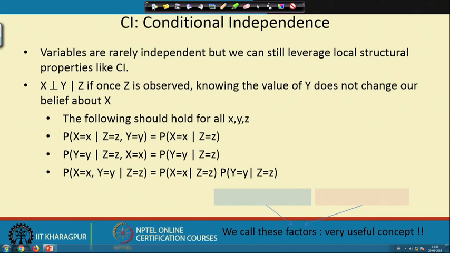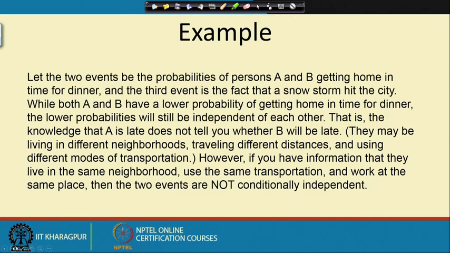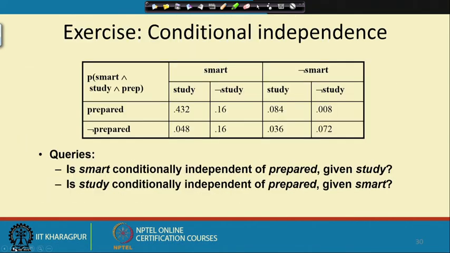So, I give you a small exercise. I have 3 variables: a student is smart, a student studied, and the student is prepared for an exam. These are the probability values.